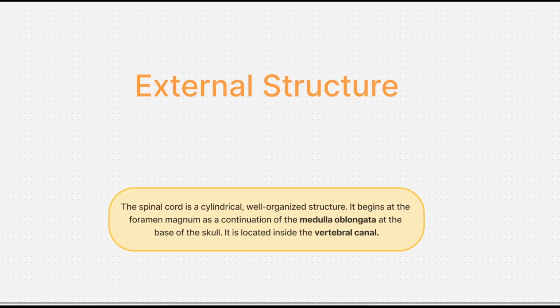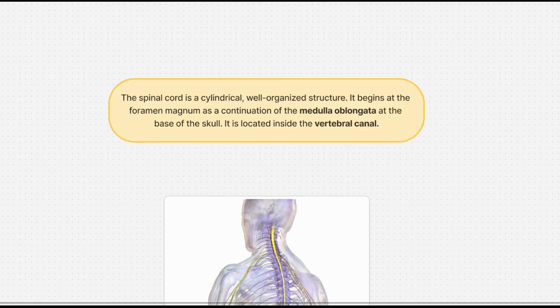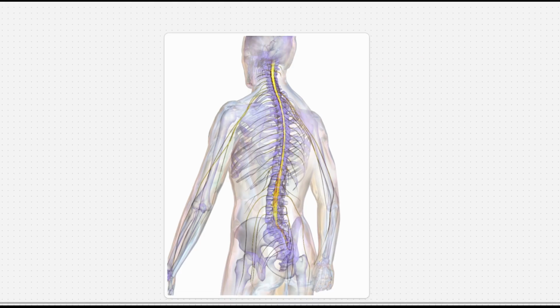So we know the vertebral column is made up of individual vertebrae, and each one has a gap inside, so that when you stack them up together, they form something like a canal. And we're gonna see it right now in this diagram.